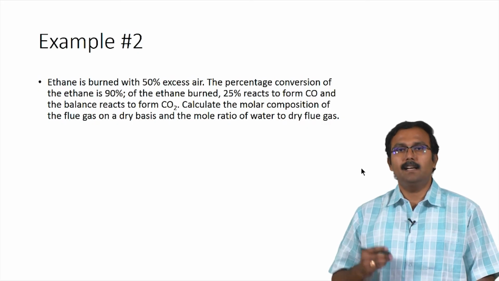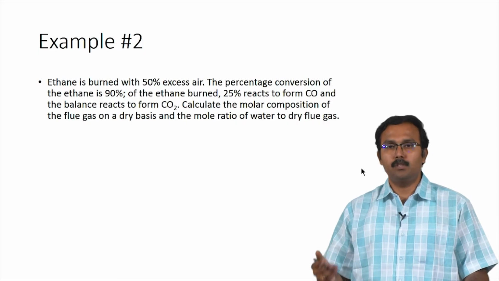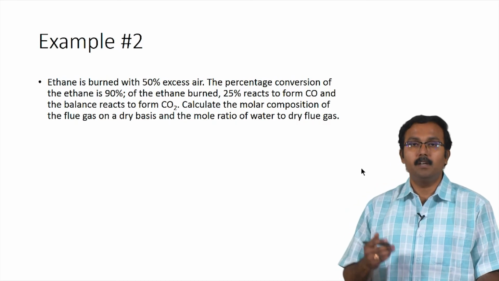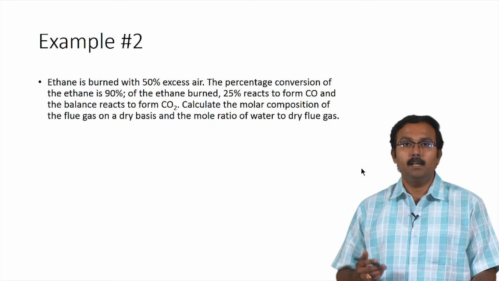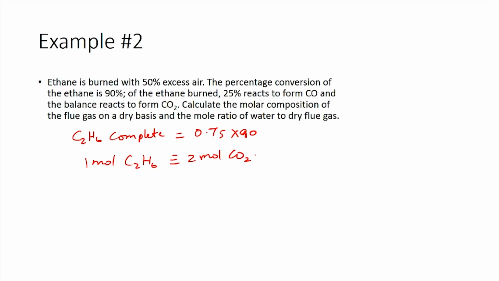The problem statement says that 25% of the ethane gas consumed goes into forming CO, the rest actually goes into forming CO2, which means 75% of the 90 moles which is consumed would go into formation of CO2. So, ethane that is completely combusted would be equal to 0.75 times 90. So, based on the stoichiometry, we know that 1 mole of ethane produces 2 moles of carbon dioxide.